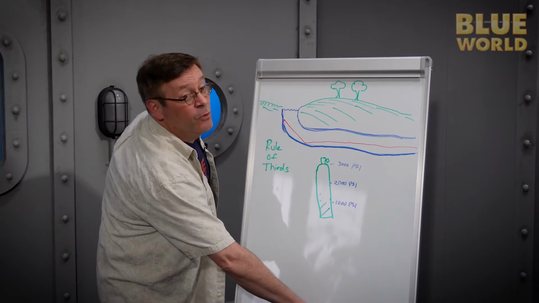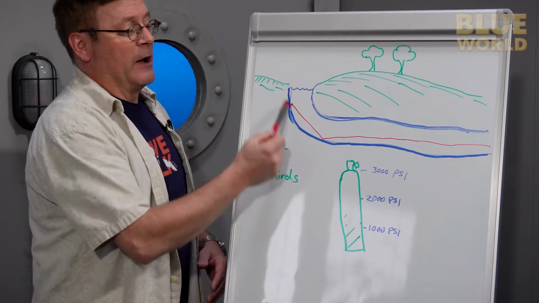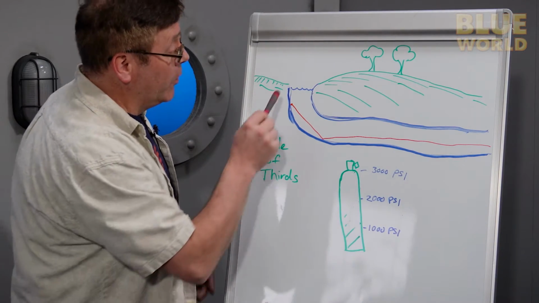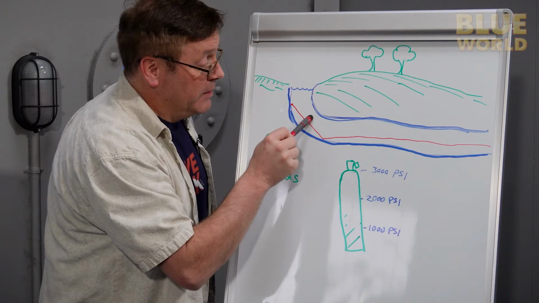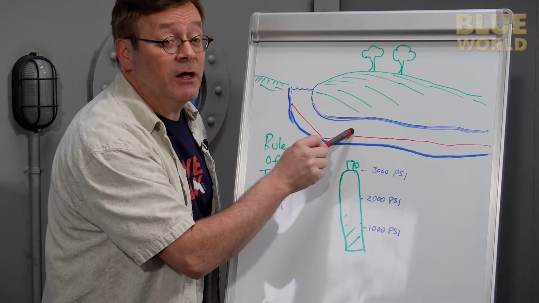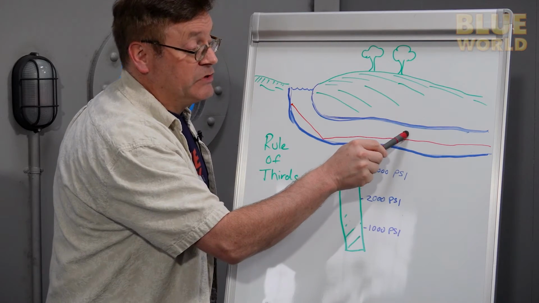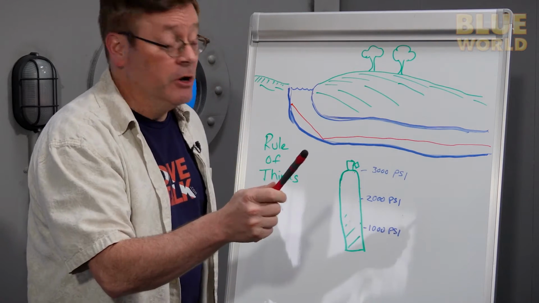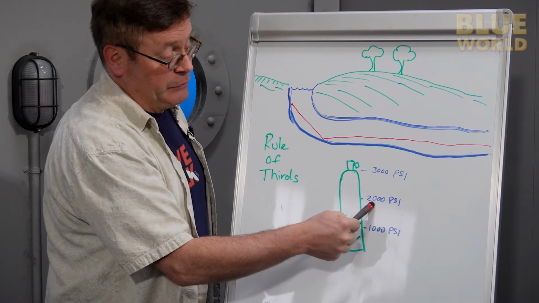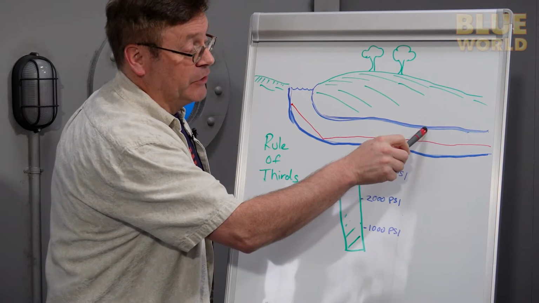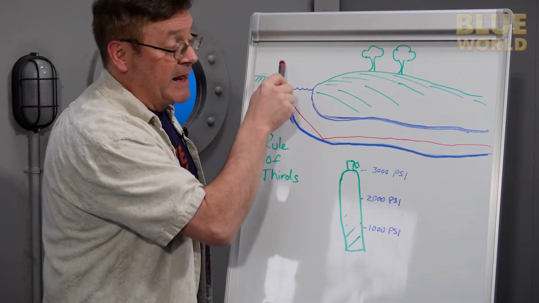So let's review how that rule of thirds looks in a cave dive. You're going to go into the cave, you're watching the PSI on your tanks, and when you get to what they call your turn pressure, which in the case of my example here is 2,000 PSI in both of your tanks, you're going to turn around and you're going to come back out.